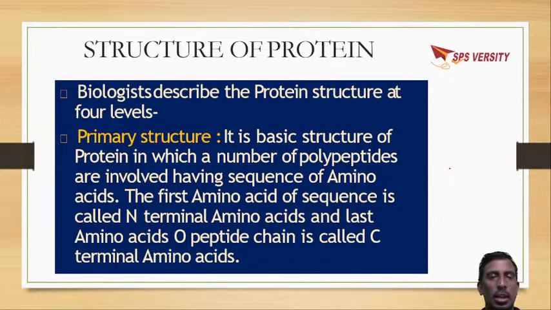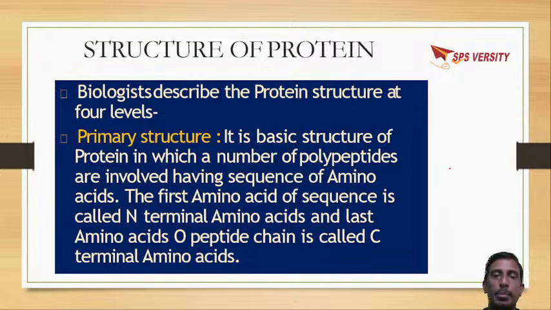Okay. These proteins will have different roles in a living cell. And when you come to the structure of protein, okay, the structure of protein has 4 levels: primary, secondary, tertiary, and quaternary.